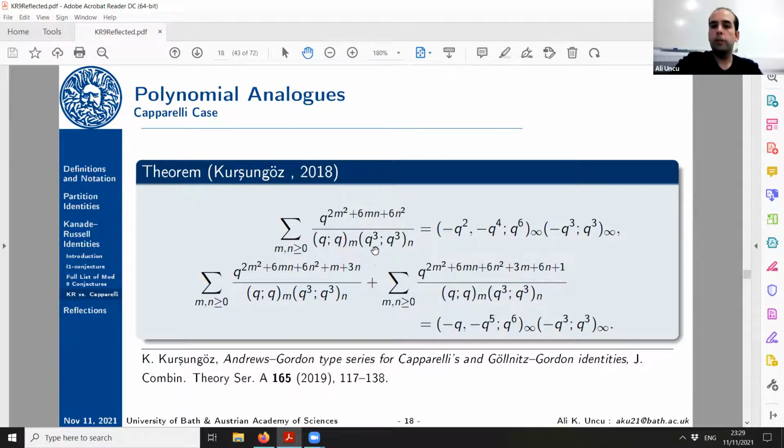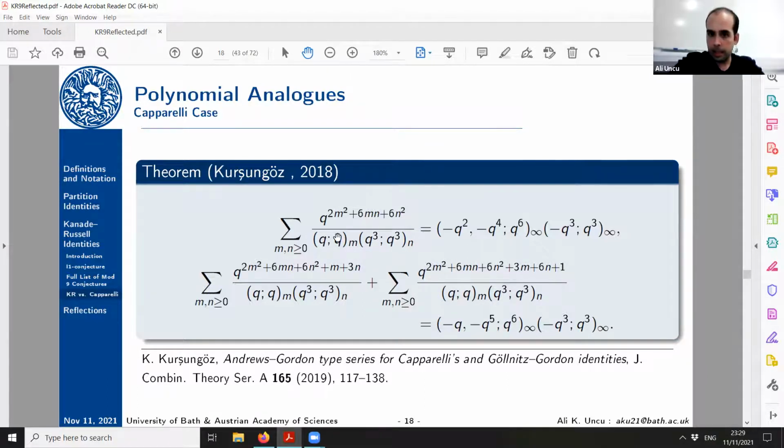So we tried to find a finite version of the sum sides by imposing an extra condition on the partitions, the largest part being less than or equal to some capital N. And we tried to see if we can find these generating functions and prove that they are indeed these finite generating functions with an extra bound.